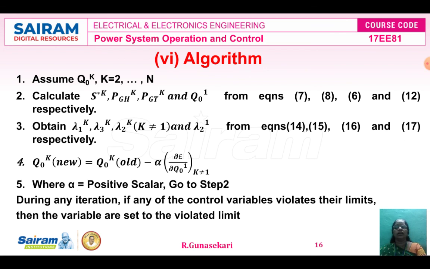The algorithm has 5 steps only, and you can write it down. Then the loop is executed again. So the discrete time interval method consists of 6 parts only: first the objective function, second the operative constraints, third discretization, fourth the dependent variable, fifth the Lagrange function, and sixth the algorithm.